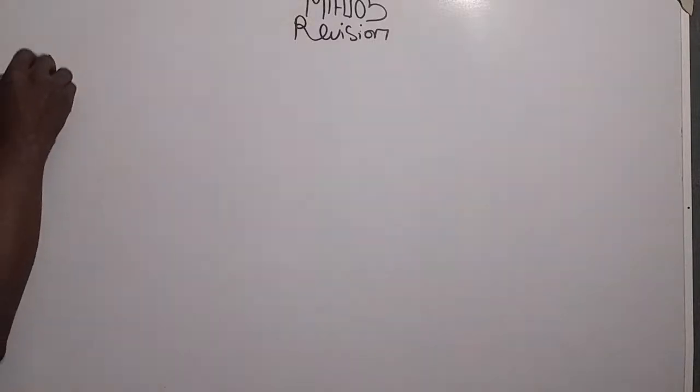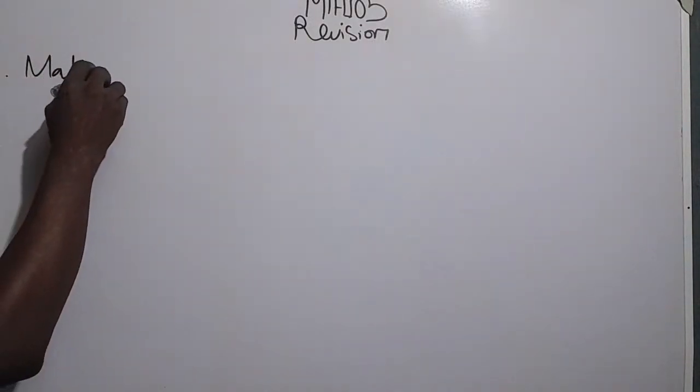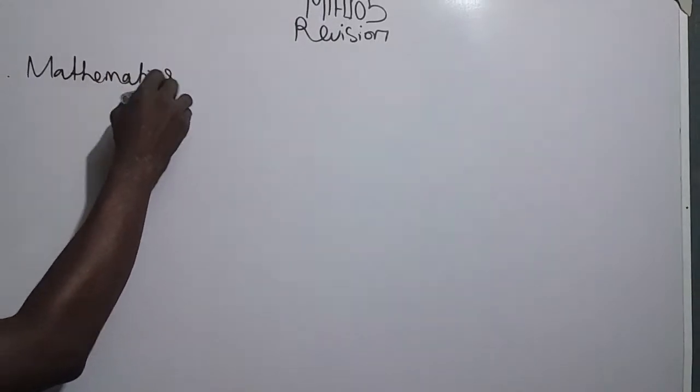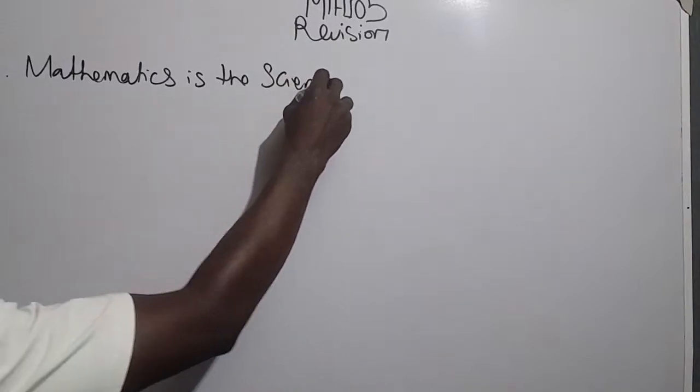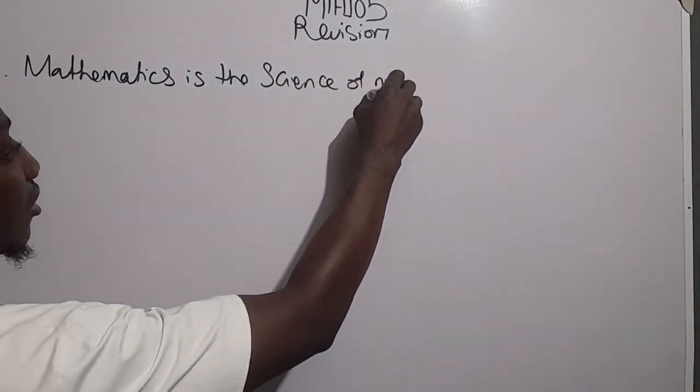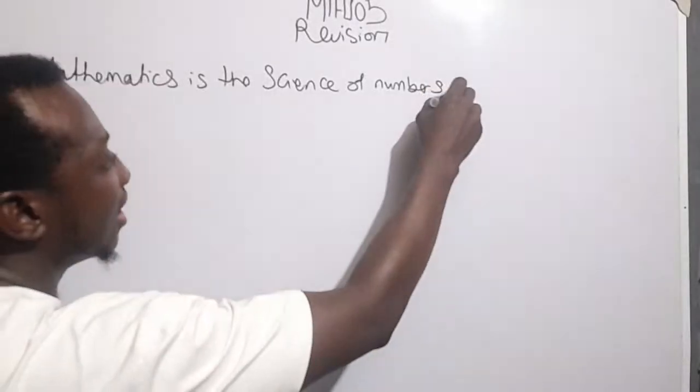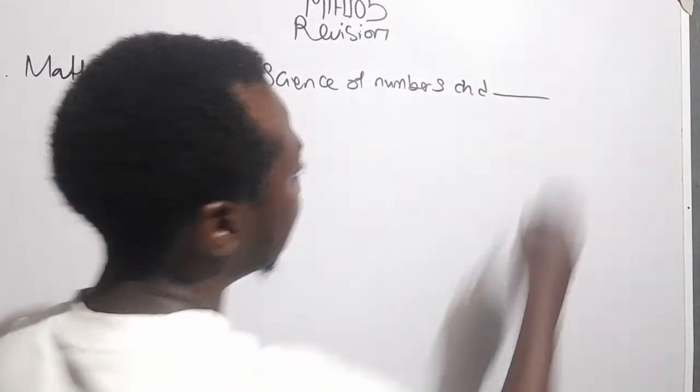It says here, mathematics is the science of numbers and dash. Mathematics is the science of numbers and dash.